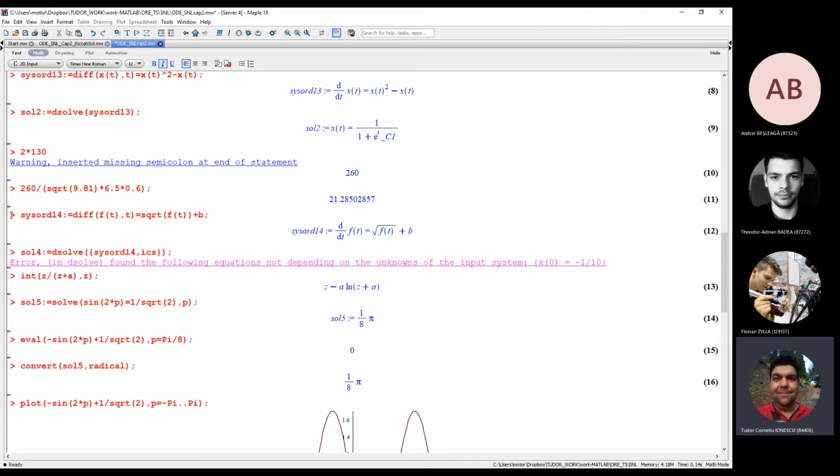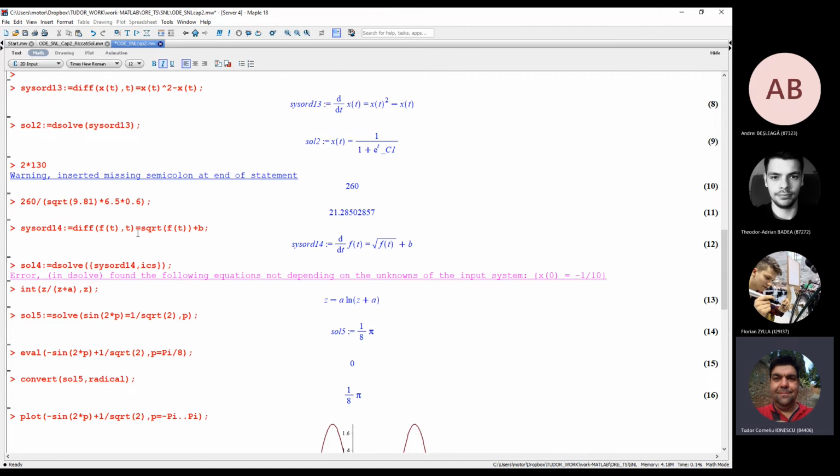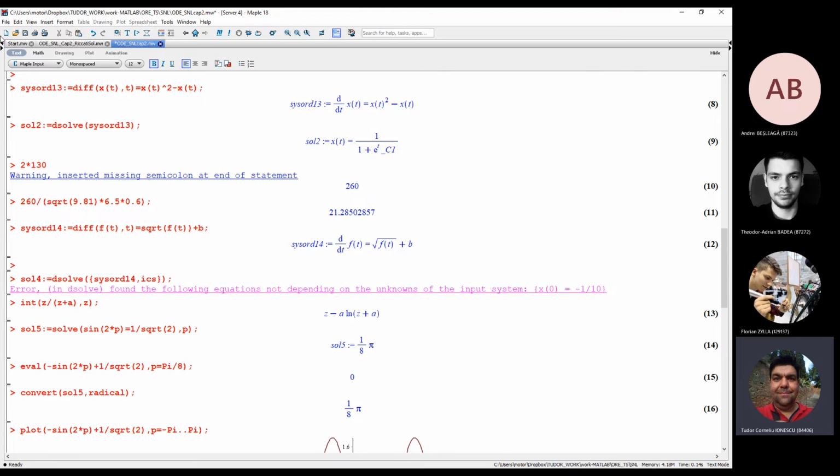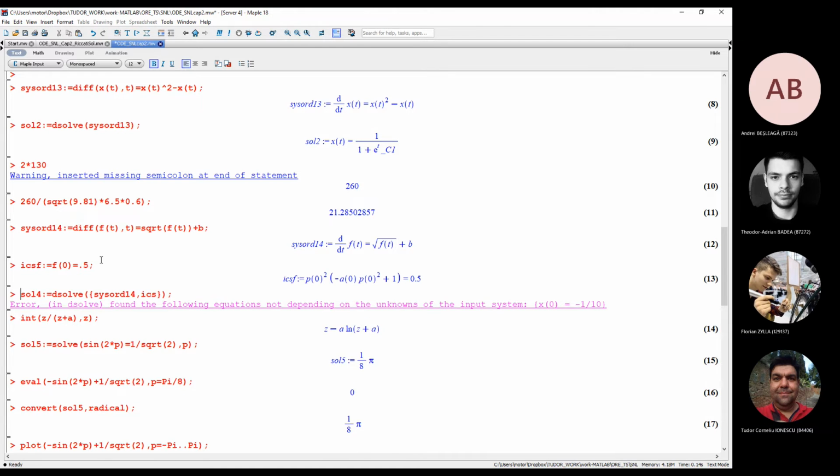I cannot use ICS. I need to redefine ICS. ICS equals 0.5. Hold on a second.